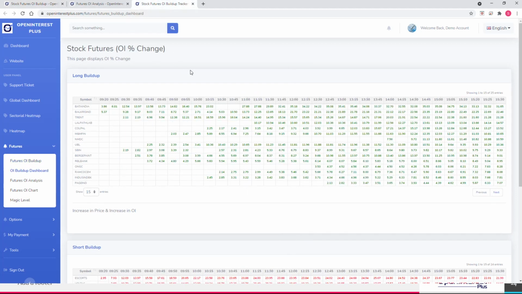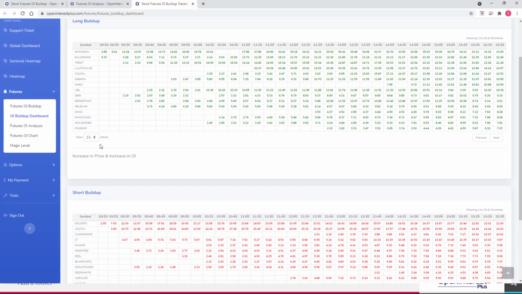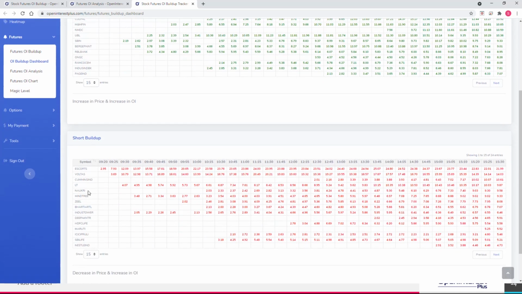What I do is, when the market opens, I have this dashboard open, and I start looking at the top 3 to 5 symbols that are featuring under the long buildup. If the market is bullish, I'll be focusing on the long. If the market is bearish, I'll be focusing on the short.